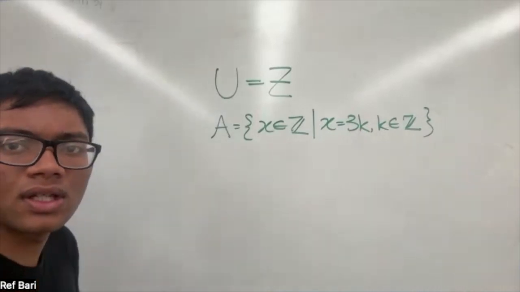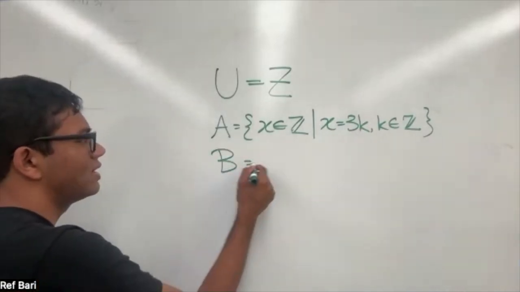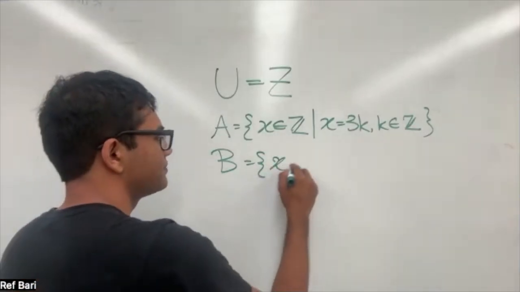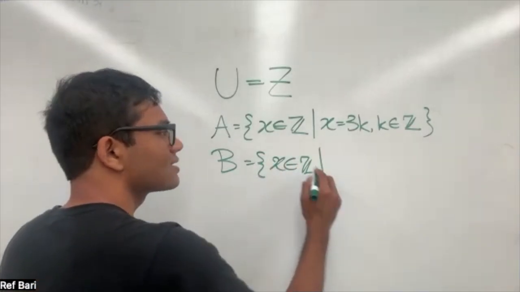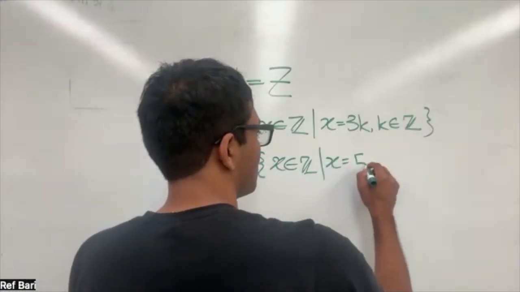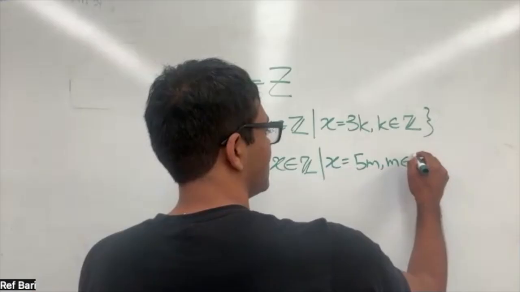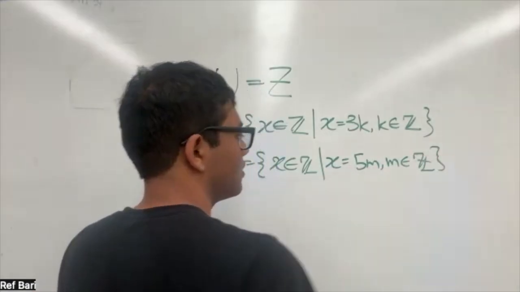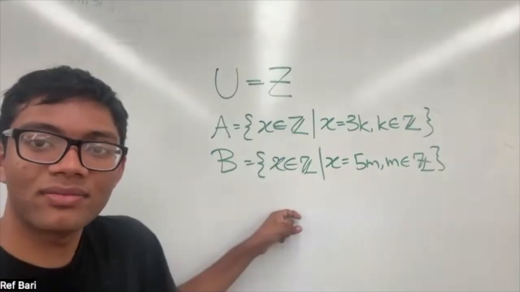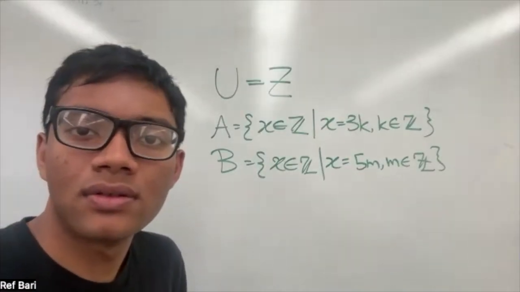And set B is X is an element of Z such that X is 5M, where M is an element of Z. What is the example of B? 5, 10, 15, 20, everything divisible by 5.